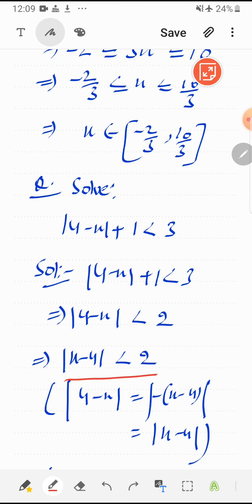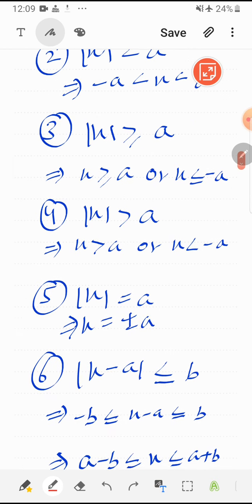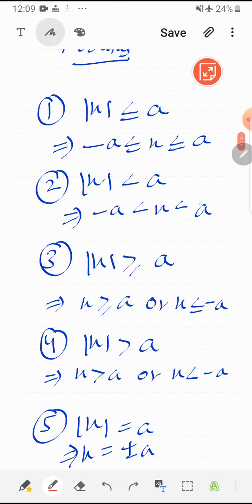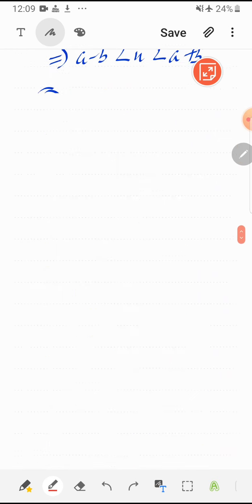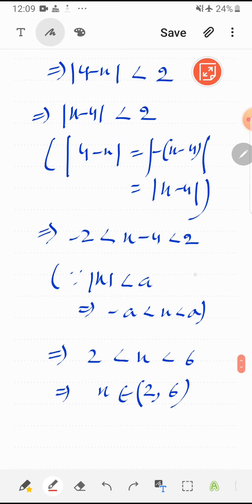So again I will apply property number 2, which is like this, mod x is less than a, so minus 2 less than x minus 4 less than 2, or adding 4 to the inequality, it is 2 less than x less than 6, so x belongs to the open interval 2 to 6.